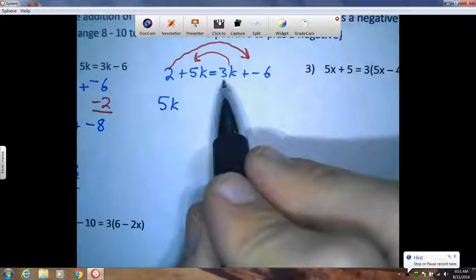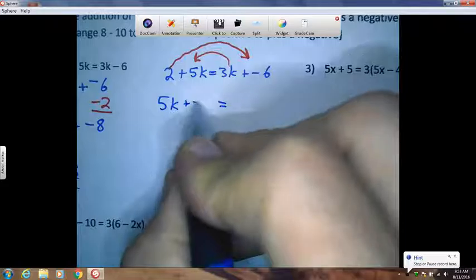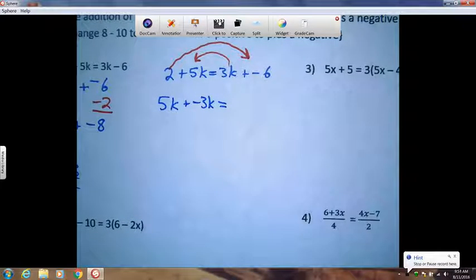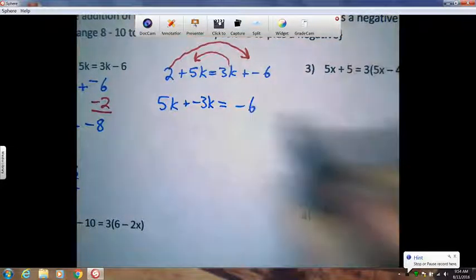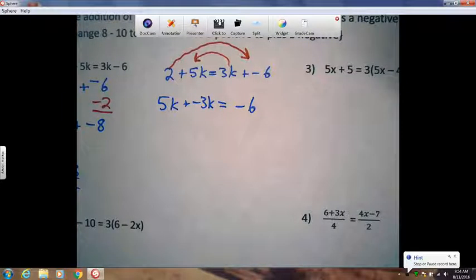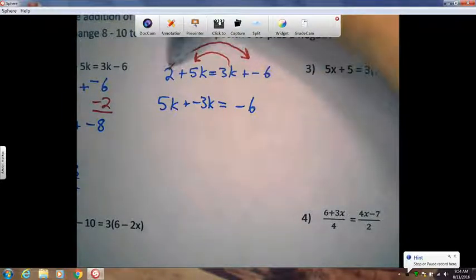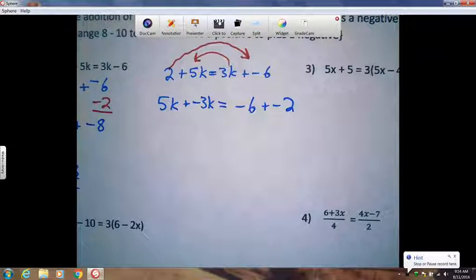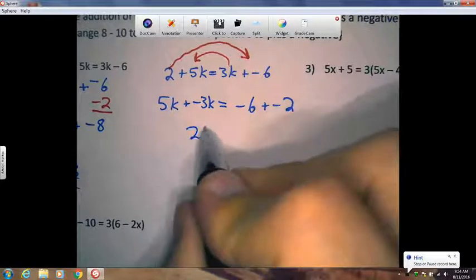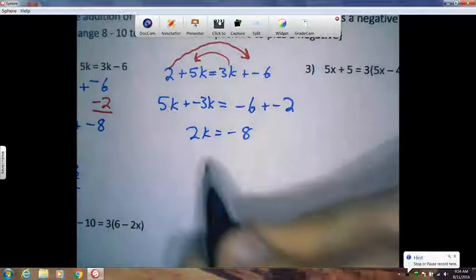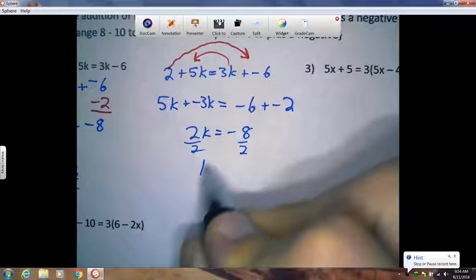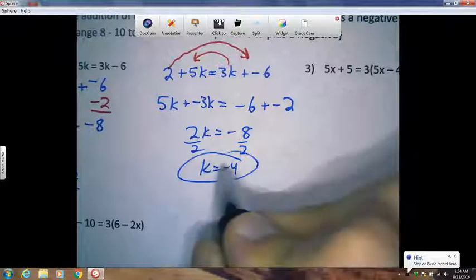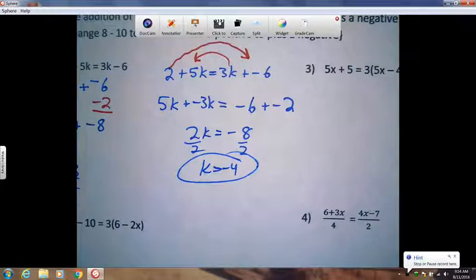It was a positive, so over here it becomes a negative. I already have a minus 6, so if I'm moving the positive 2, it was a positive, so over here it becomes a negative. So then you can simplify and solve. So that's 2k equals negative 8, and divide by 2. And either way is just as good, it's the same.